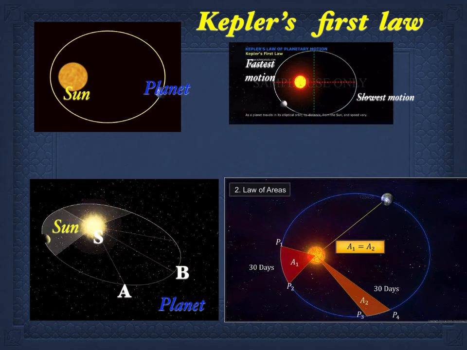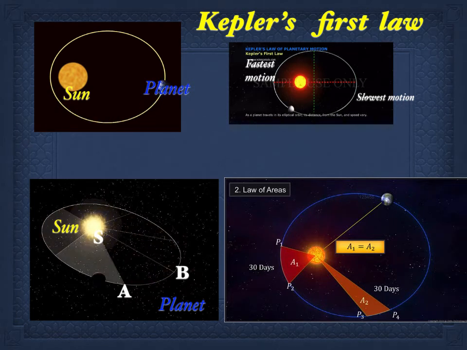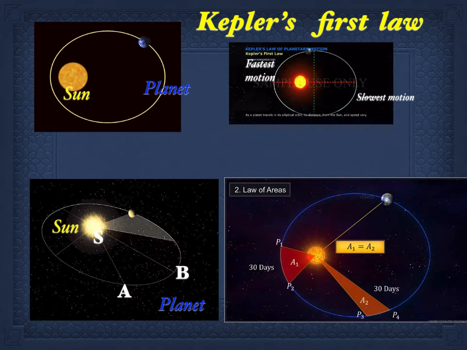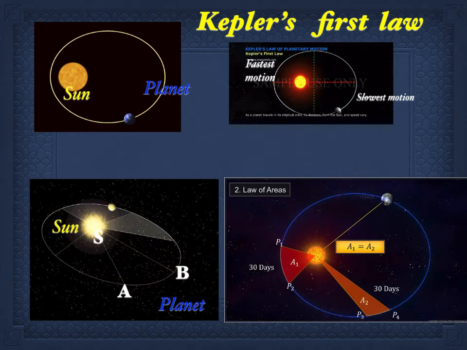Now if you consider over here, let us represent the sun as S and consider the position of the planet at A, as you can see in the first picture, or in the second picture we can consider it as P1.